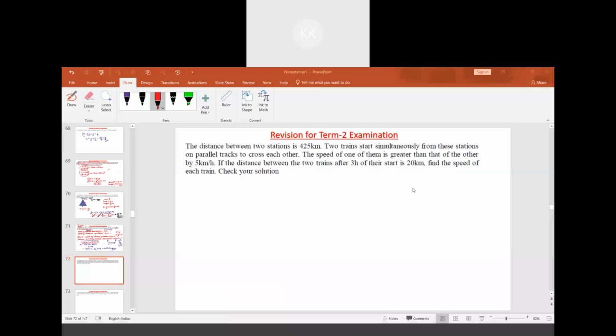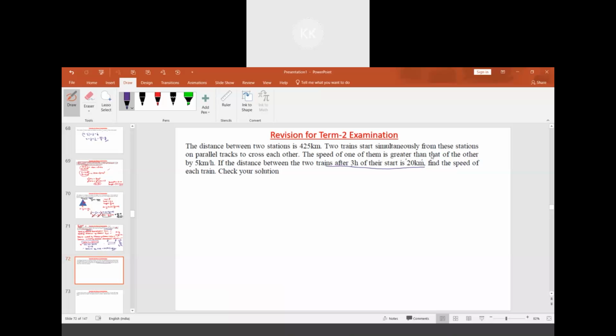So after 3 hours, their distance we can find out. This is the point we have to consider: after 3 hours from their start it is 20 kilometers. That is the difference in the distances, isn't it?